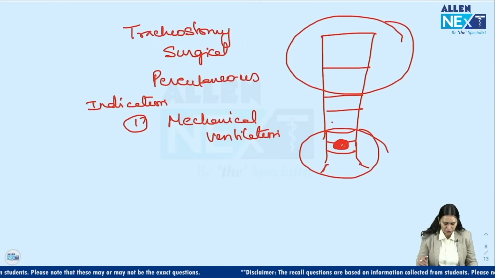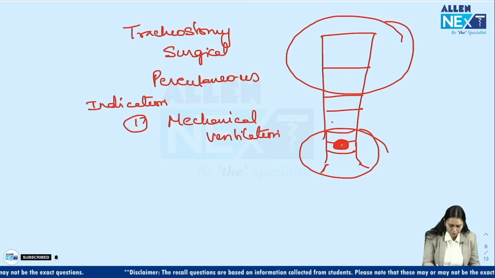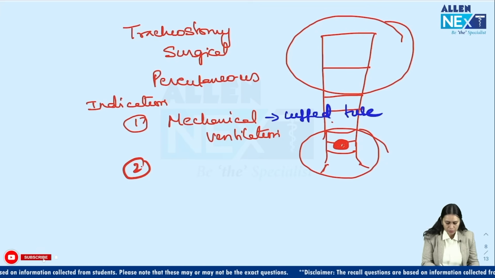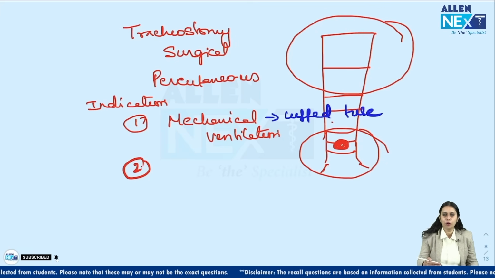So what are the indications of putting the tracheostomy tube? Mechanical ventilation, for which we definitely use a cuffed tube. Then second, to bypass any upper airway obstruction.